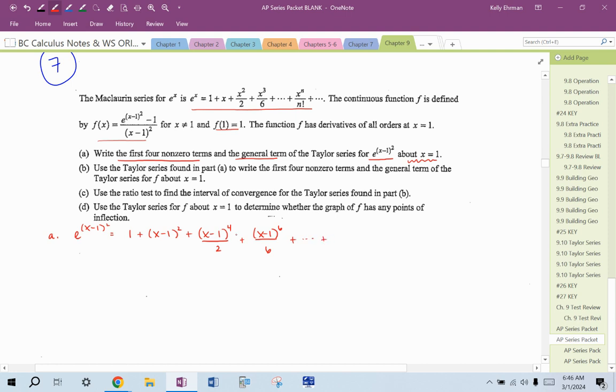So these are the first 4 non-zero terms. The general term is plugging in (x minus 1) squared and raising it to the n power, which just multiplies that exponent, over n factorial, and make sure you allow this to be infinite by adding the plus dot dot dot at the end. So that's it for part A.